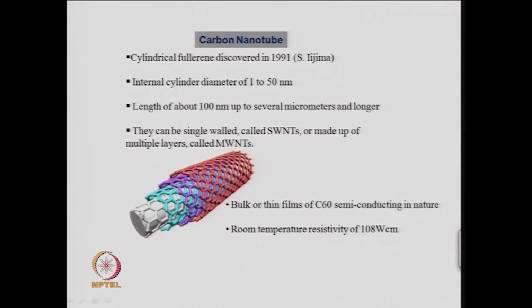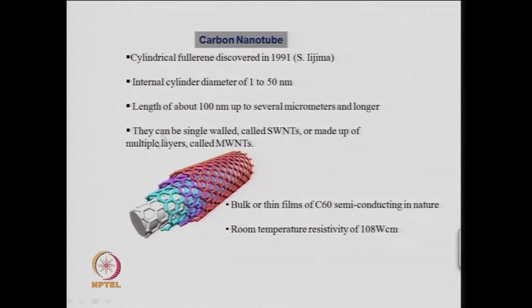They can be made of a single layer of graphene sheet, that means only one layer of carbon is present and rolled together to form a tube, or there are multiple layers. If it is made up of only one layer, then it is called a single walled nanotube.